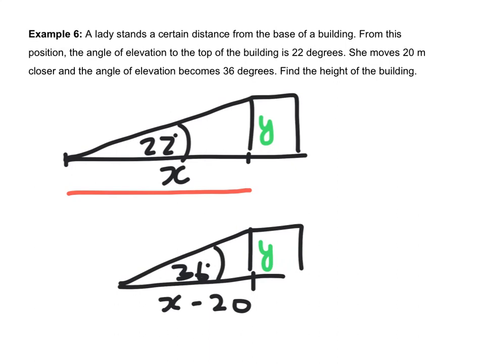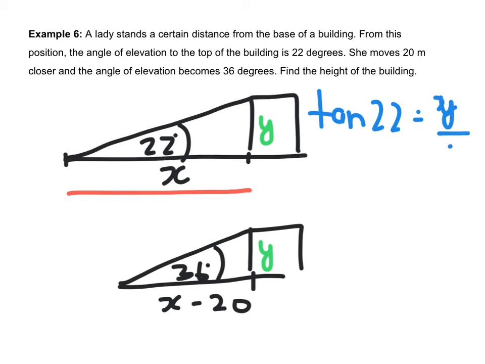So let's have a look. If you look at the first one, we have two variables. We have an x and a y, and we have a 22 degree angle. So the x is adjacent to the 22 and the y is opposite. So we could say then that tan 22 equals, sorry, it should be y over x actually, because it's opposite over adjacent.